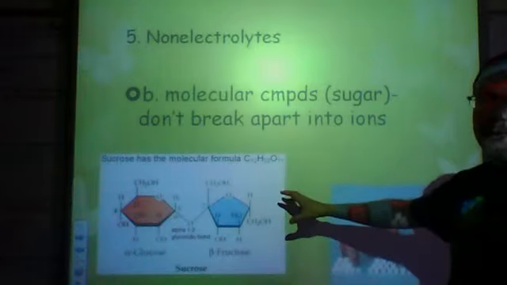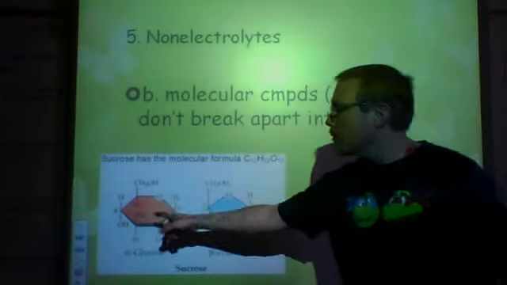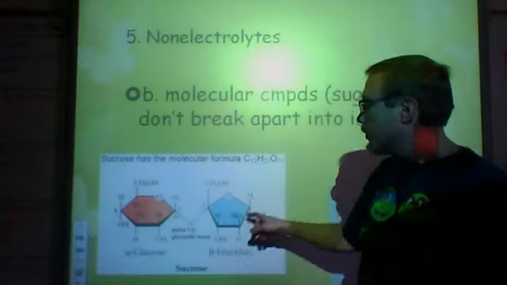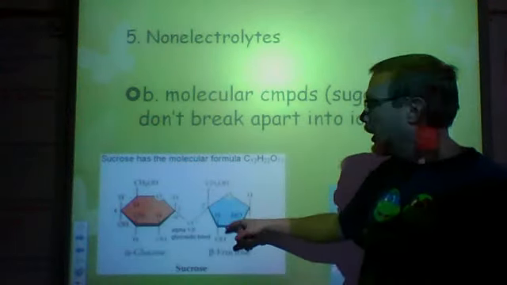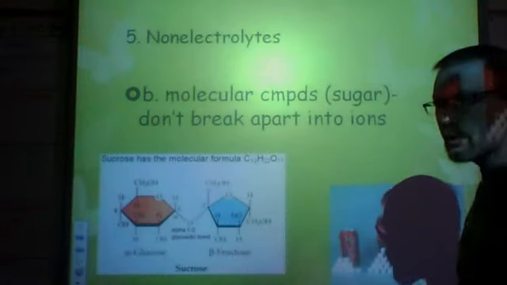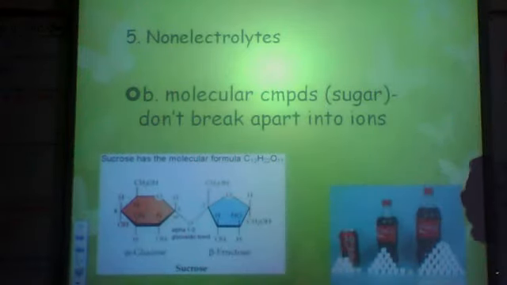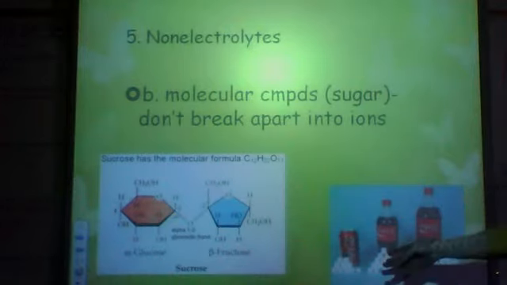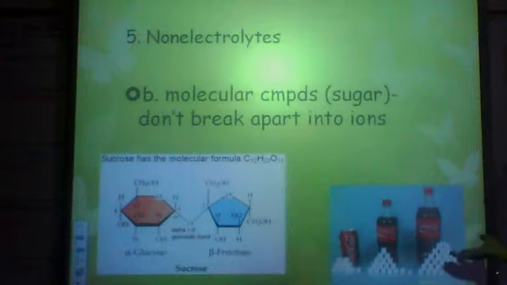Here's sucrose. This is one of my favorite molecules because you've got a glucose molecule bonded to a fructose molecule, and I think it's awfully sweet. It looks like they're holding hands. Just a random fact. But they don't break apart into ions, and so you've got a lot of sugar dissolved, say, in soda. The soda is going to be a good electrolyte, but it's not going to be because of that dissolved sugar.